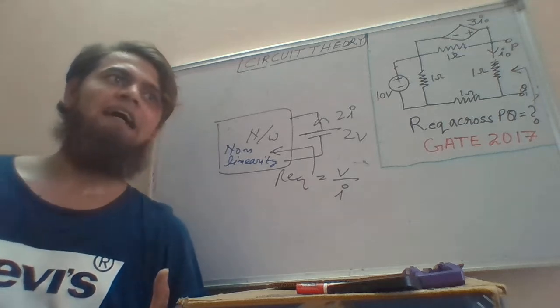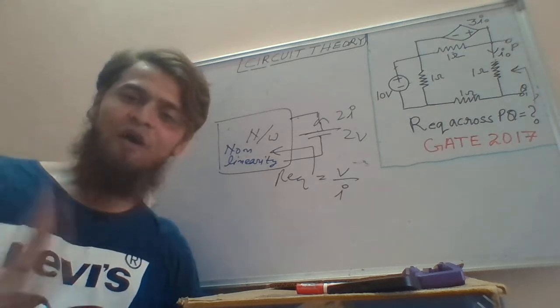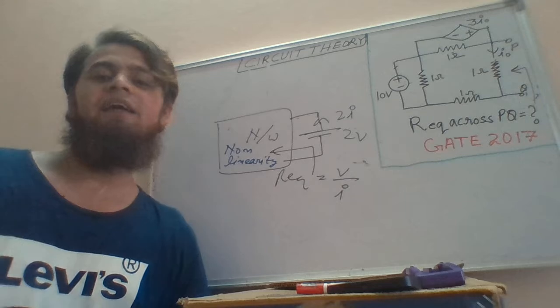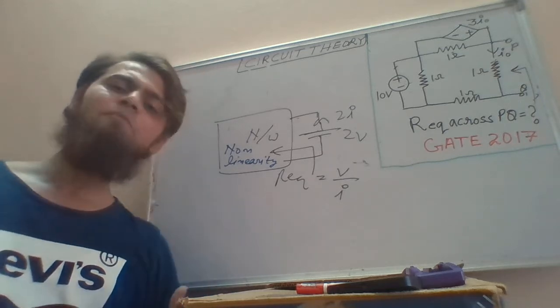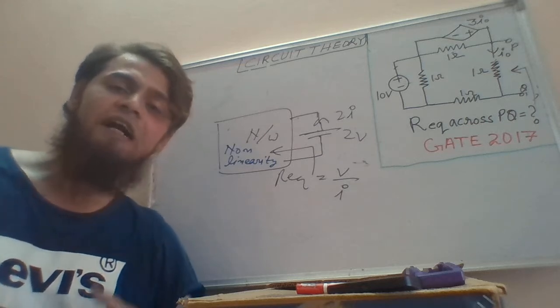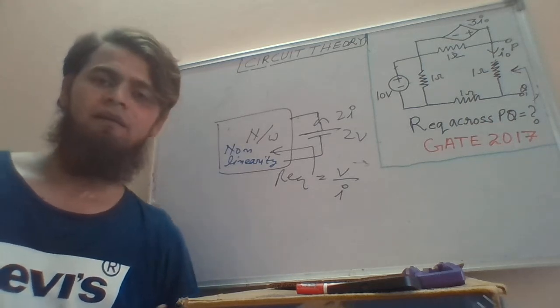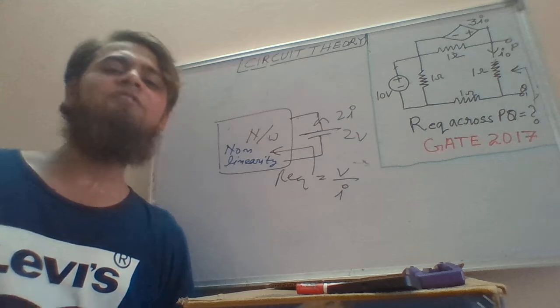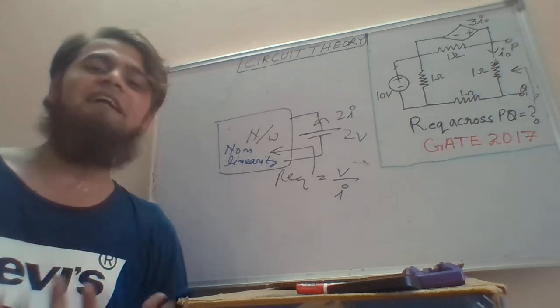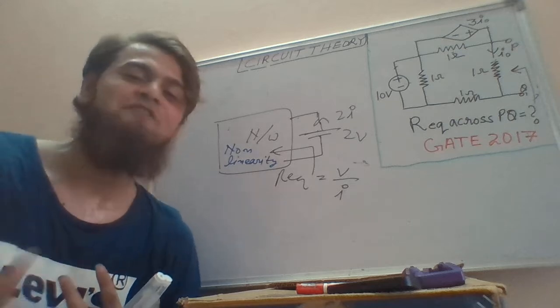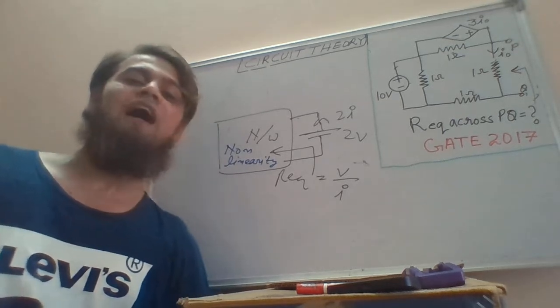So if you are not killing the non-linearity, if you are not killing the independent sources, different persons shall get different values of R equivalent, which is completely nonsense. So how can we get a unique value of R equivalent?